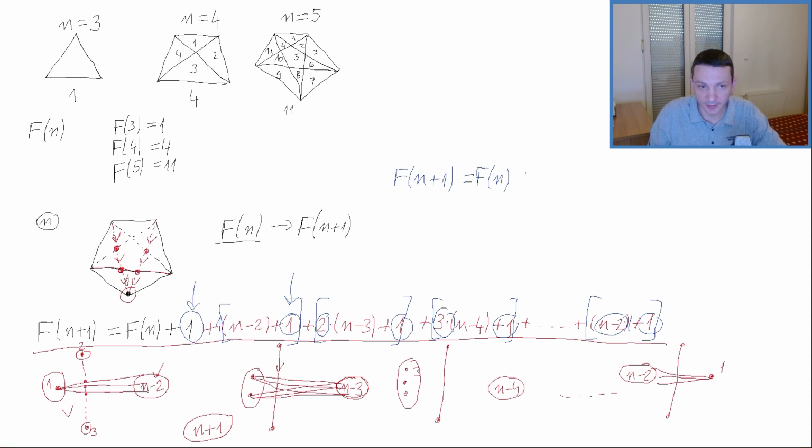Actually, we have plus n minus 1. This is this 1, but n minus 1 times.